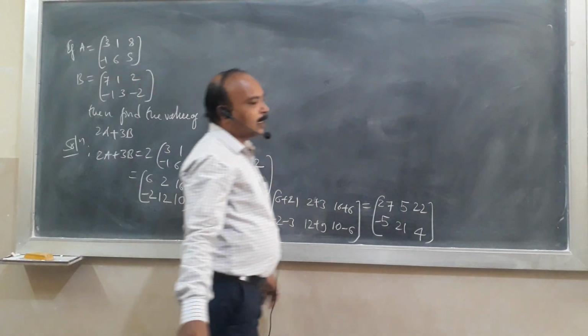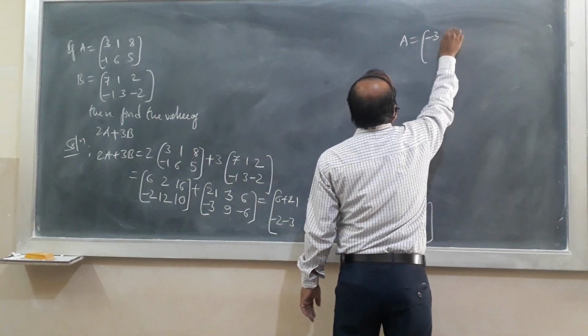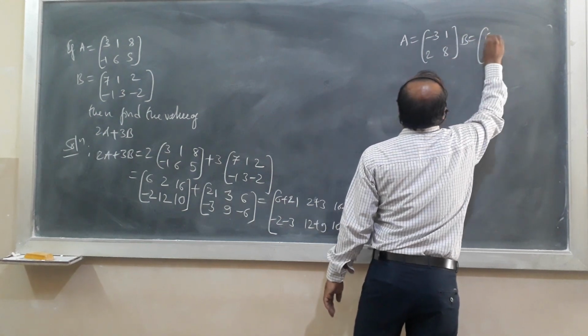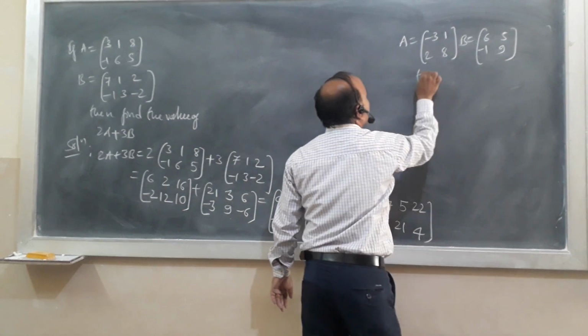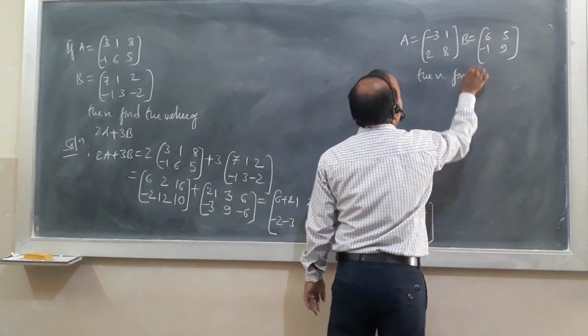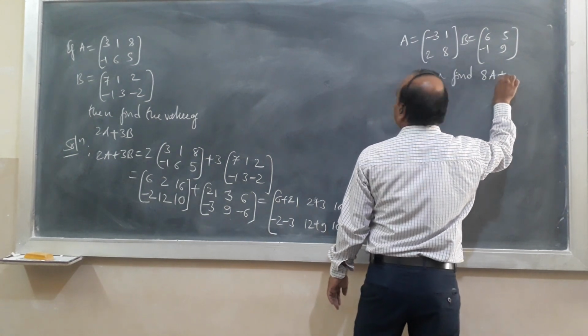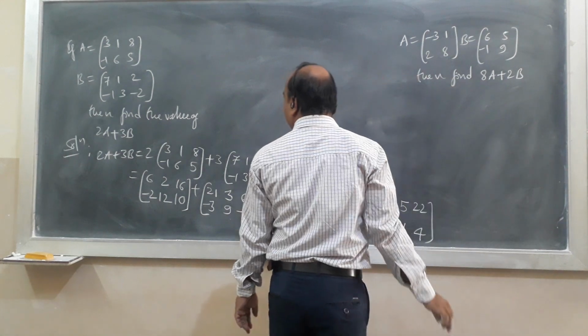Similarly, we go for another example. If A equals minus 3, 1, 2, 8 and B equals 6, 5, minus 1, 9, then find 8A plus 2B.